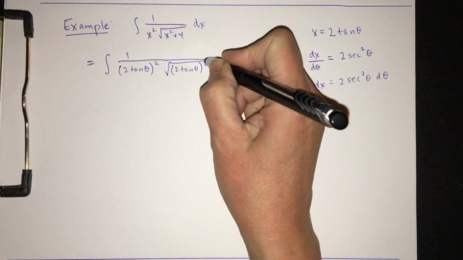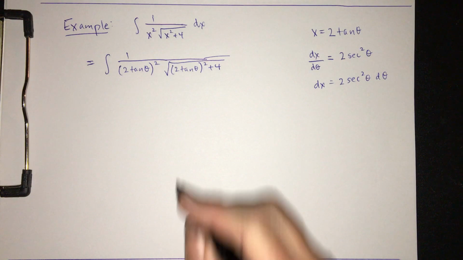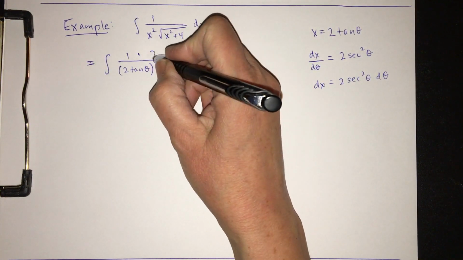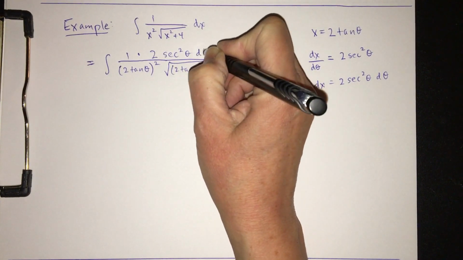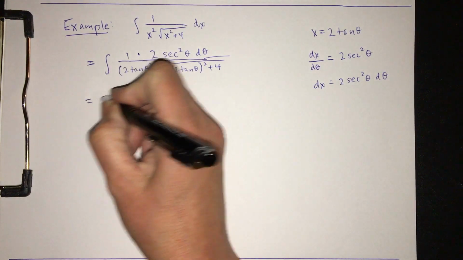All of that is under the square root sign. And for this problem, I'm going to go ahead and put the dx in the numerator: 2 secant squared theta d theta, so I had to put dx in terms of theta.